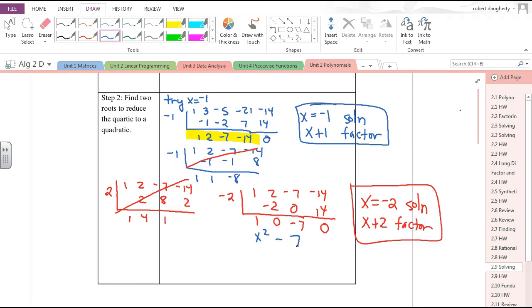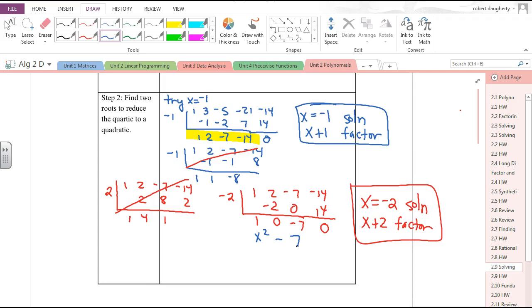If you were doing synthetic division, how many times would 1 work on this? It would work 3 times. So just because it works, you have to try it again before you can rule it out.